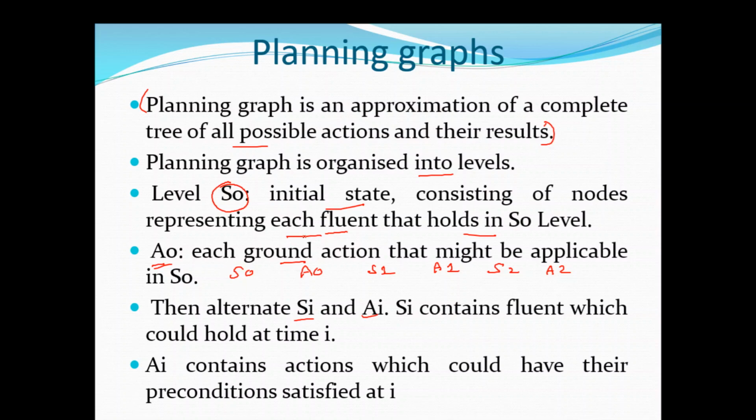Here fluents mean atomic facts. Then for each of these atomic facts, the actions you can perform are A0. When you perform an action, some result will happen, that is S1. So this entire thing constitutes one level, this constitutes another level, and so on.